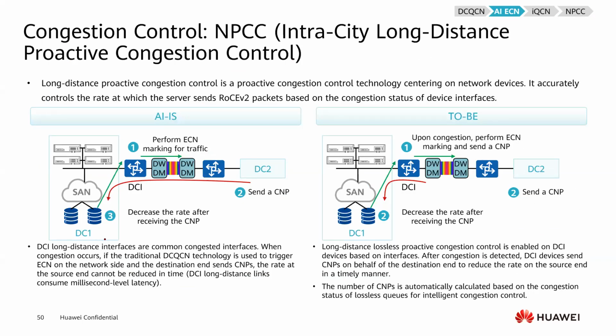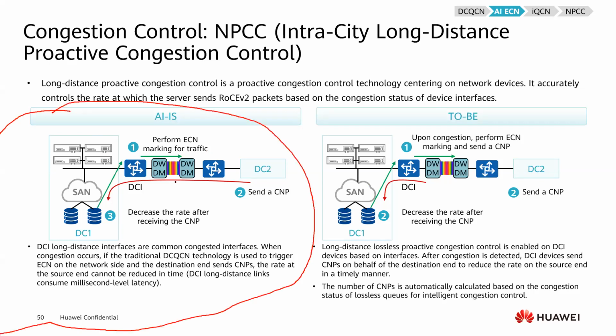We can see here, as is, without NPCC, in DC2 this is a server. In DC2, the server sends the CNP to the switch.